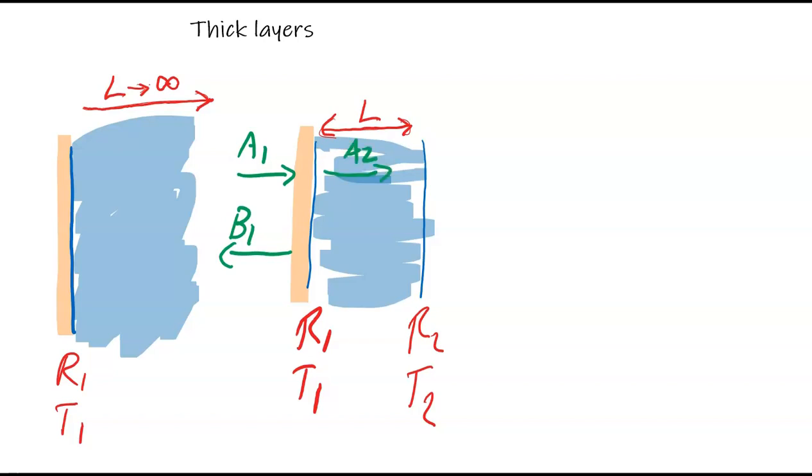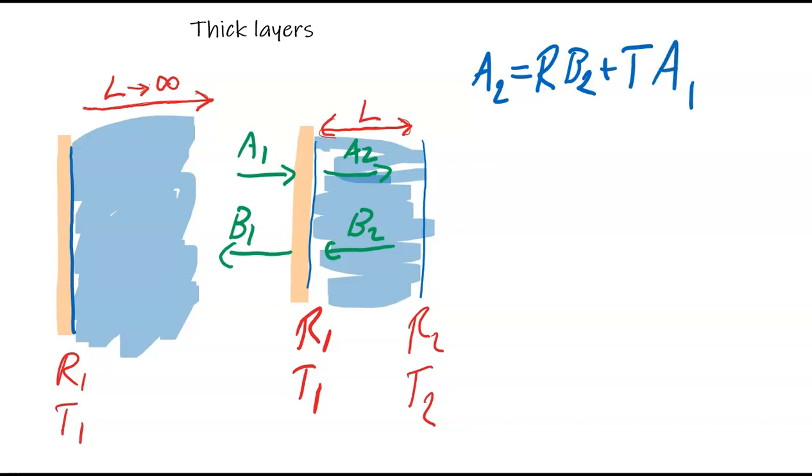On the other side, A2 is the forward power and B2 is the backward power. We can relate these by reflectance and transmittance of the interface as A2 is the sum of reflectance from B2 and transmittance from A1.